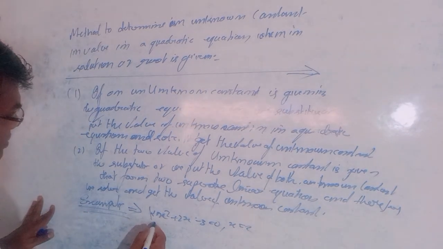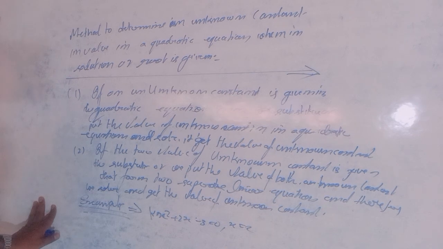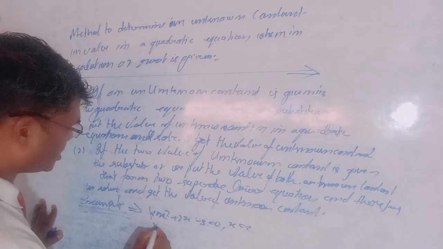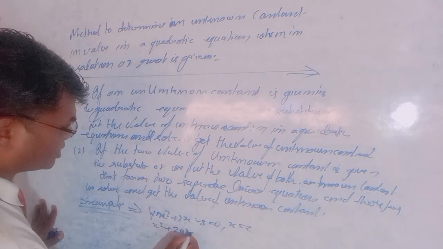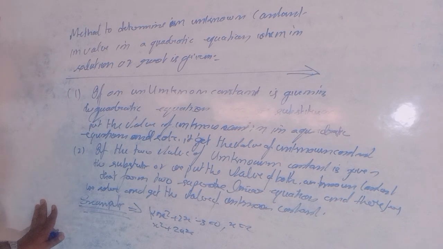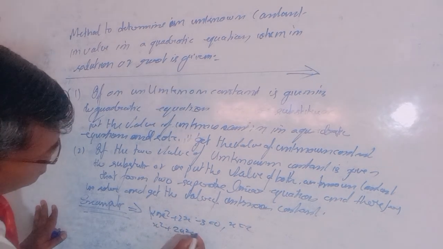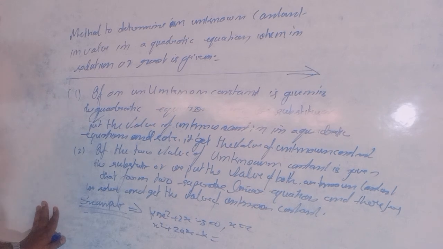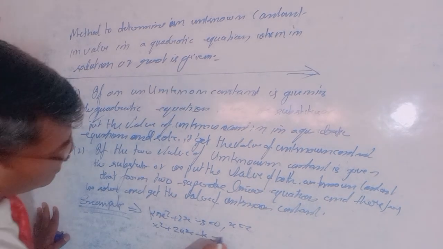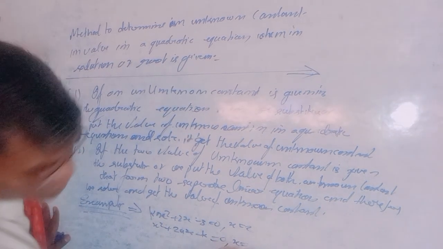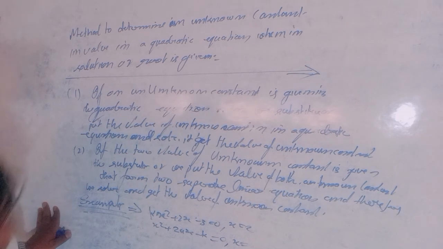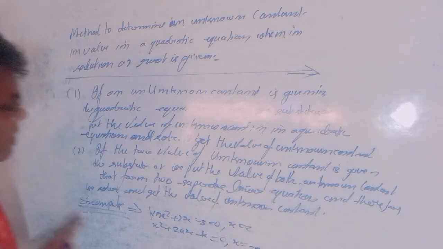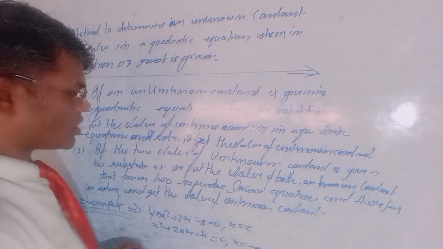And the second: x square plus 2ax minus k is equal to 0, where x is given as minus a. Then we will find out. So let's start the solutions.